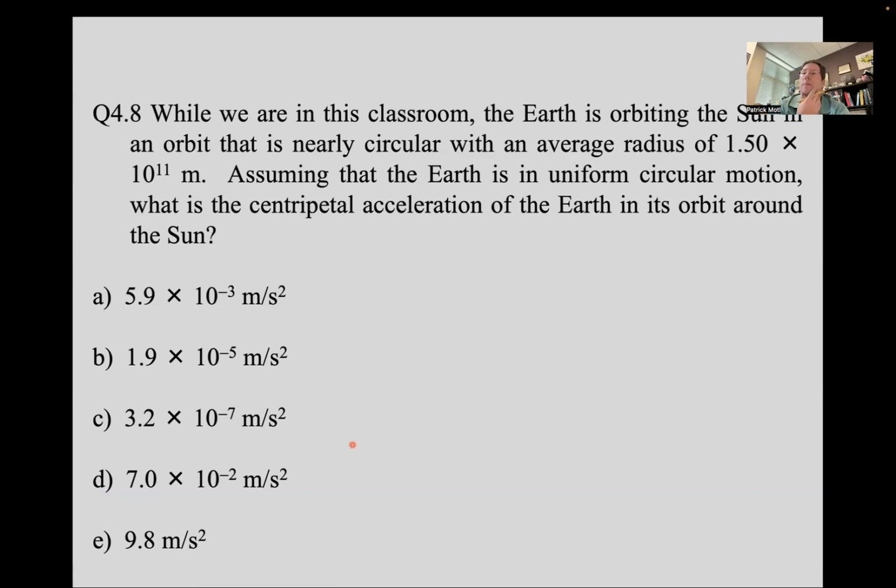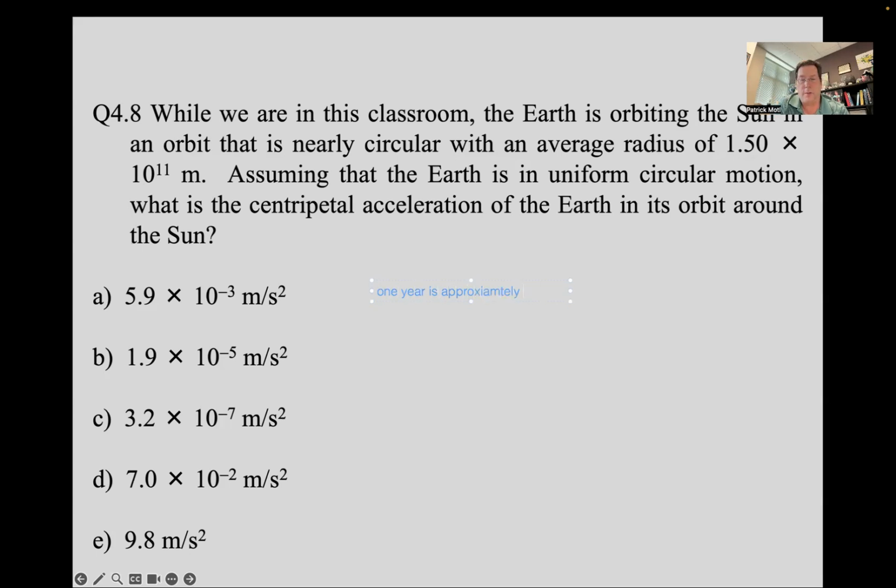A number that is going to help you in your calculation of the centripetal acceleration is that a year is approximately pi times 10 to the 7 seconds, which is a handy number to keep in mind for some things astronomical. It's not exact, but it is close enough for calculations like this.